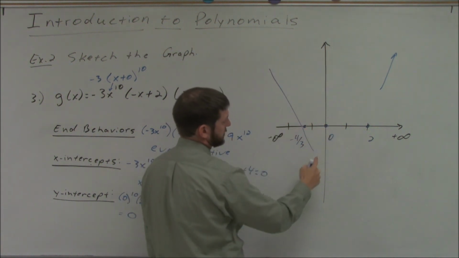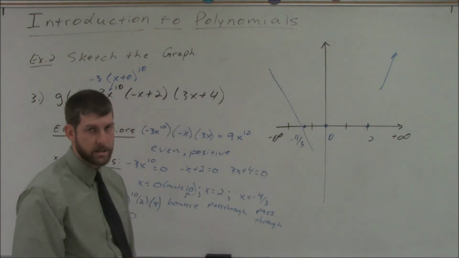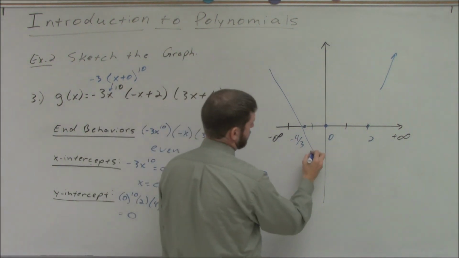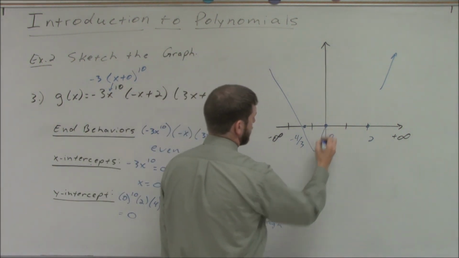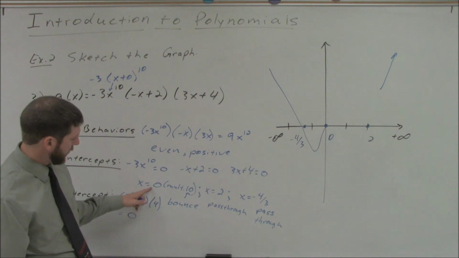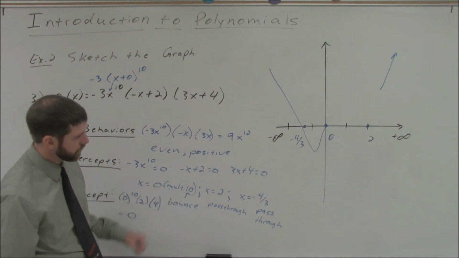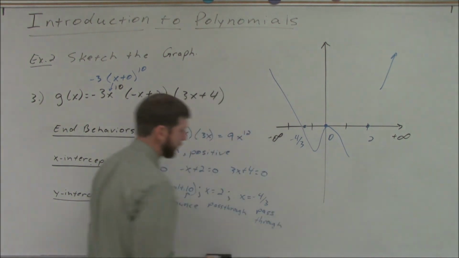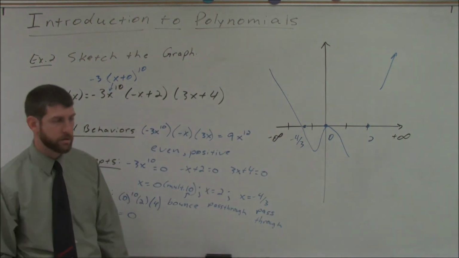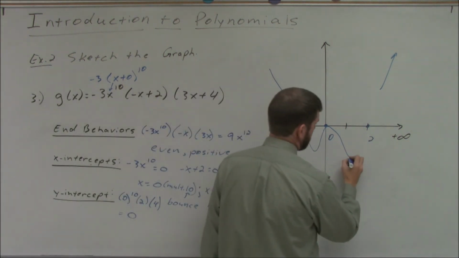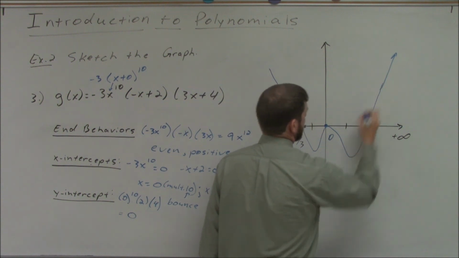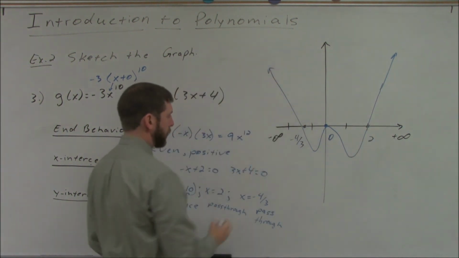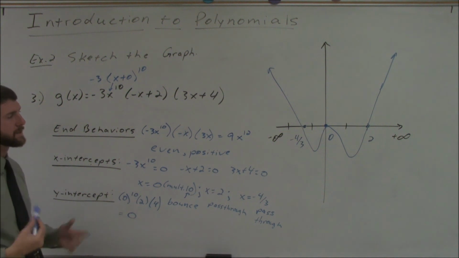I'm going to turn around somewhere before I get to the y-axis. Got to turn around somewhere before the y-axis, get to 0, and then I'm going to bounce off of 0. So I bounce off at 0, and then I've got to go back and I've got to pass through 2, so I'm going to have to turn around at some other point and finish out my graph. So the function will look similar to that.